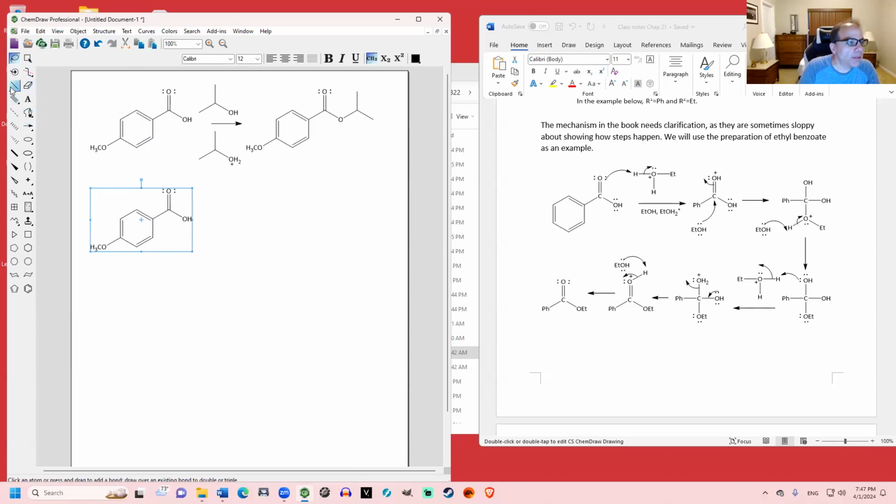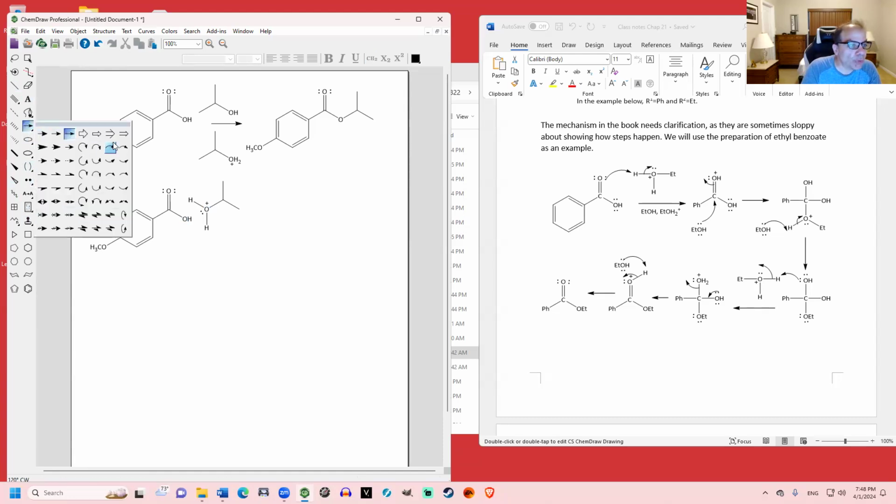The first step, since we're in an acidic medium, is going to be protonating that carbonyl oxygen. And we'll use the conjugate acid of isopropanol. And make sure that you copy the arrows correctly.